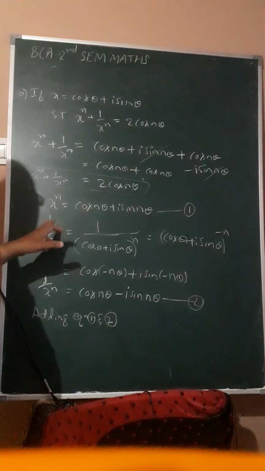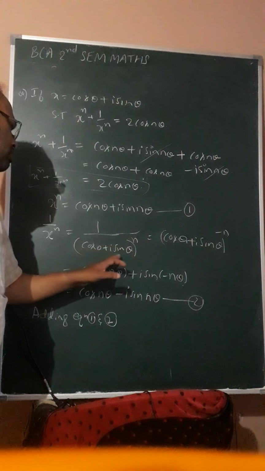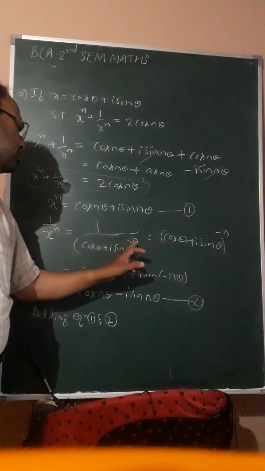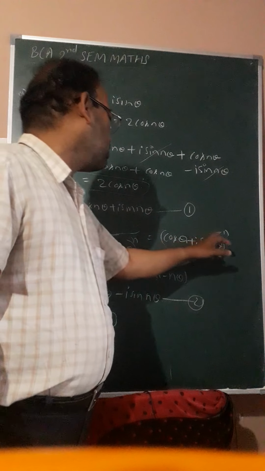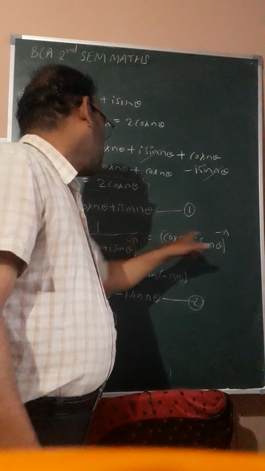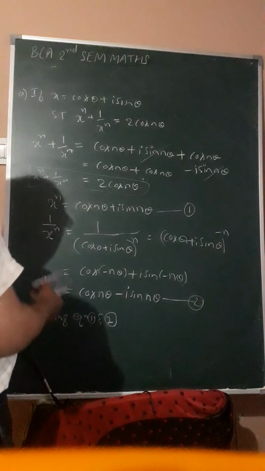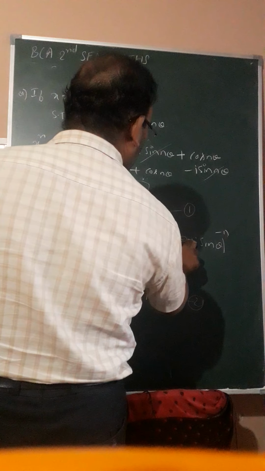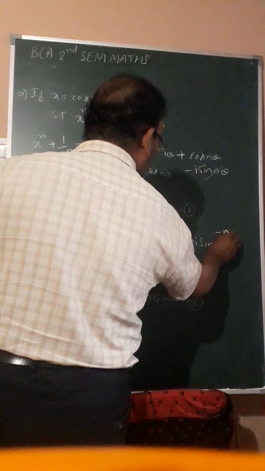Again, 1 by x to the power of n: when you take this term to the numerator, it is the bracket to the power of minus n, cos theta plus i sin theta whole to the power of minus n.